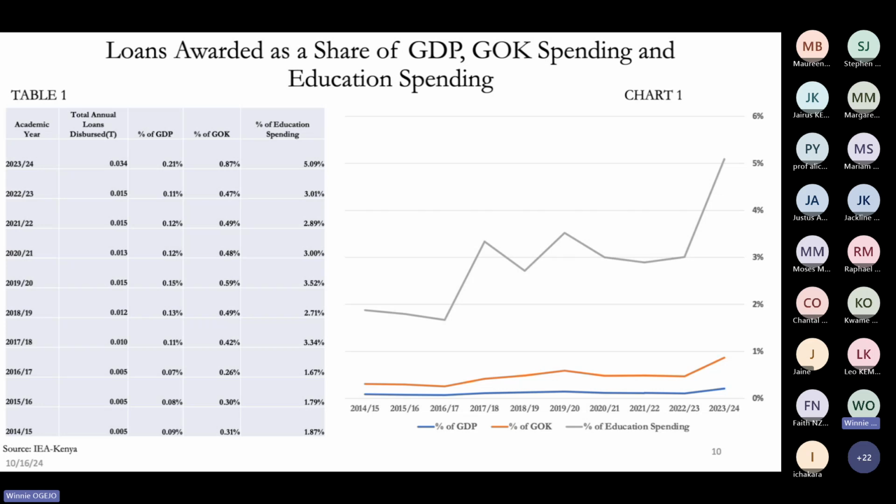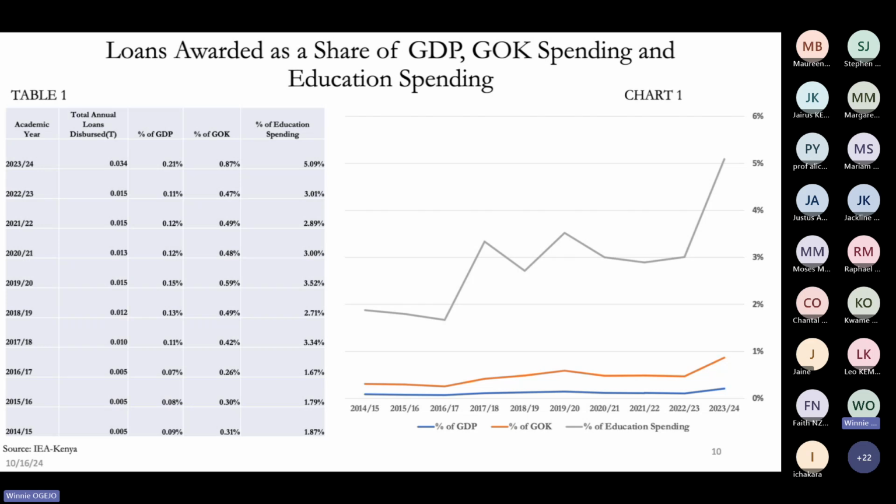The same speaks to the loans as a share of GOK spending. Let us assume that the government of Kenya is spending 100 shillings. What we are saying is that in 2014-15, for every 100 shillings that the government spent, 31 cents was spent on loans for higher education.